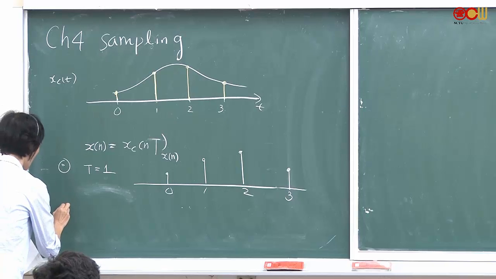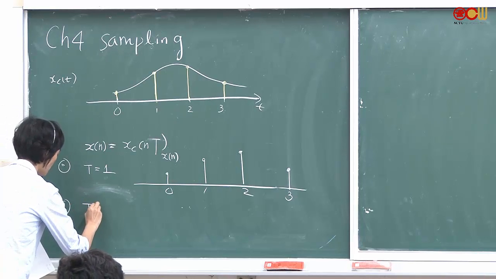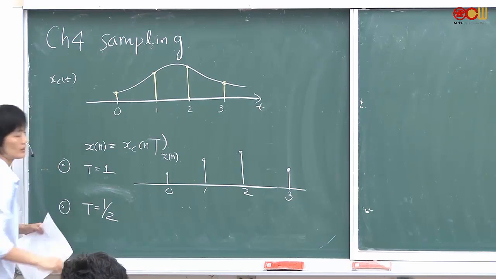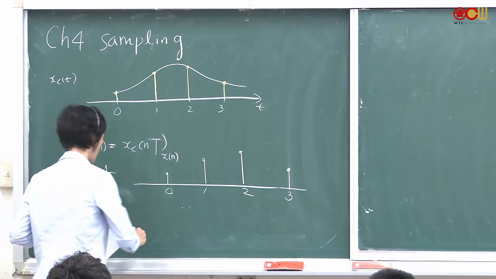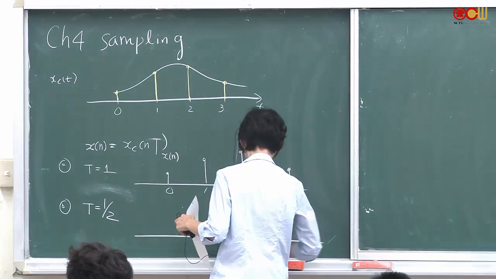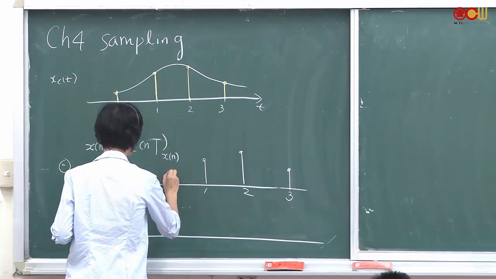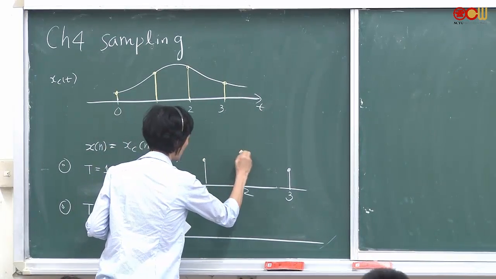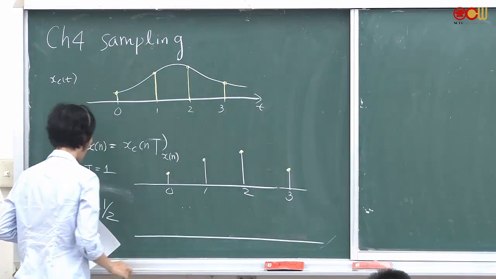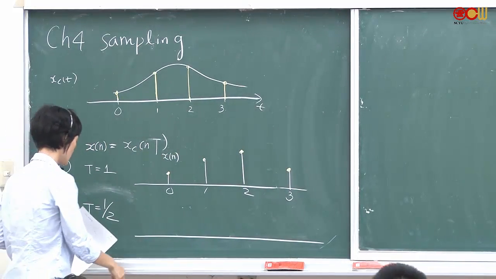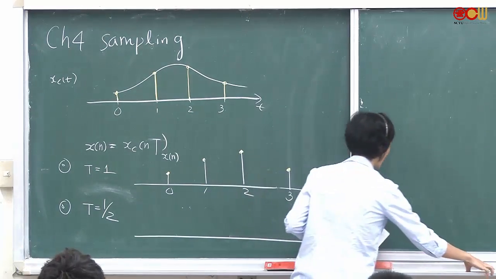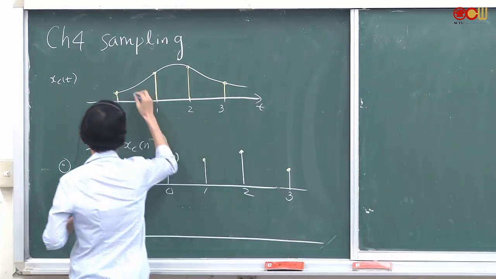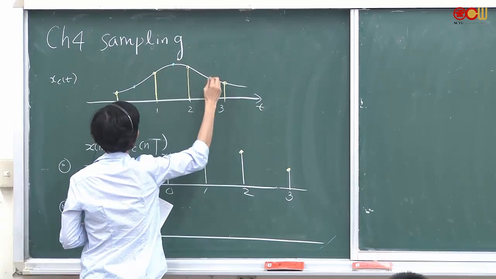Now, if we sample faster, so the sampling period is smaller, then what do we have here? These are the yellow ones. And now if we sample faster, let's say T is equal to half, then we also get half integer points.